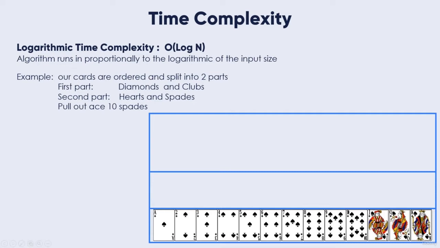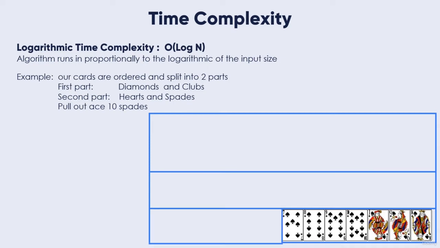Since they are ordered, I decided to get rid of half of these cards. Half of 13 is 6.5, so I removed 6 cards. I now have 7, 8, 9, 10, J, Q, and K. Now I need again to get rid of half of these cards.